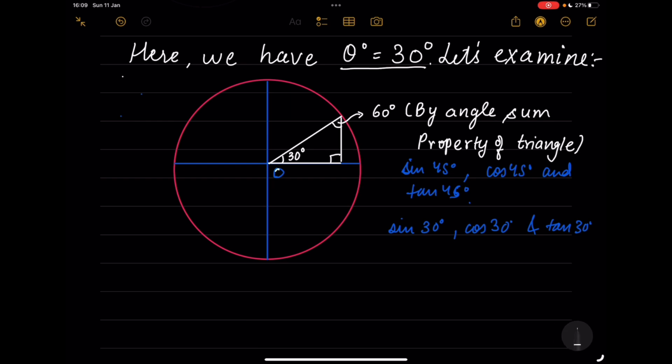Let's label this triangle. This I'm labeling as O, which is the center of the triangle.